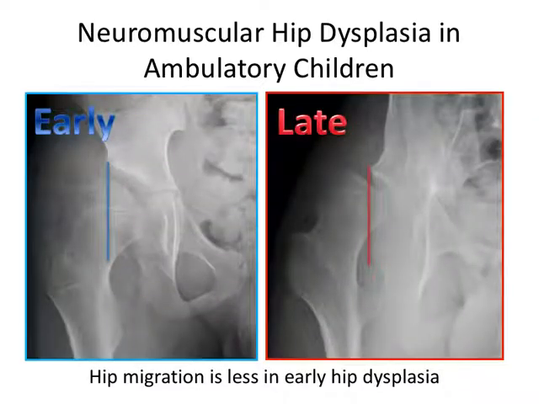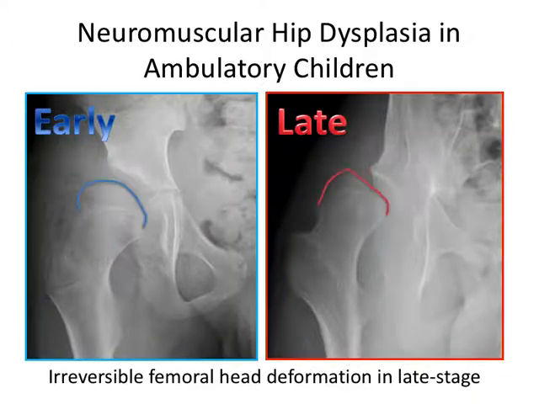So in the early phases, the hip migration is less, and I'll describe the migration percentage in more detail, which is the percentage of the femoral head that is outside of the socket. In early hip dysplasia, you find less of a migration percentage, but more importantly, the femoral head is not irreversibly deformed. So you continue to have a round femoral head that can fit into the round socket.